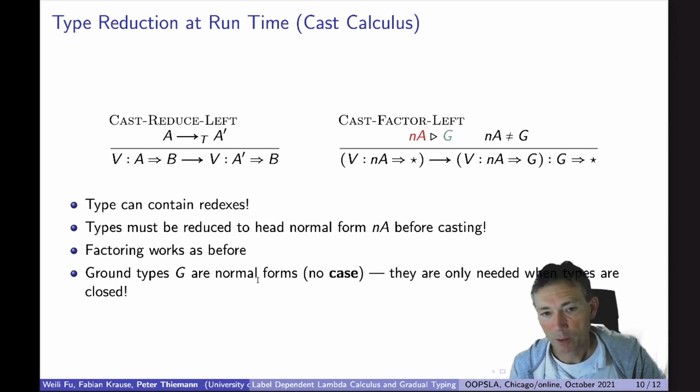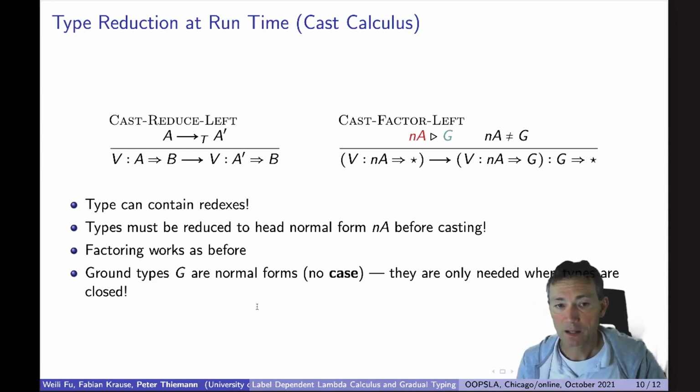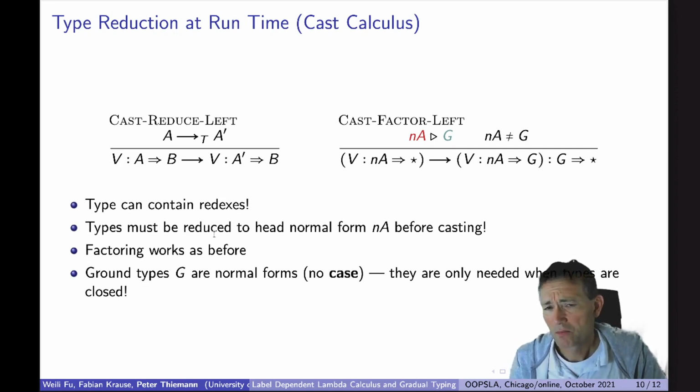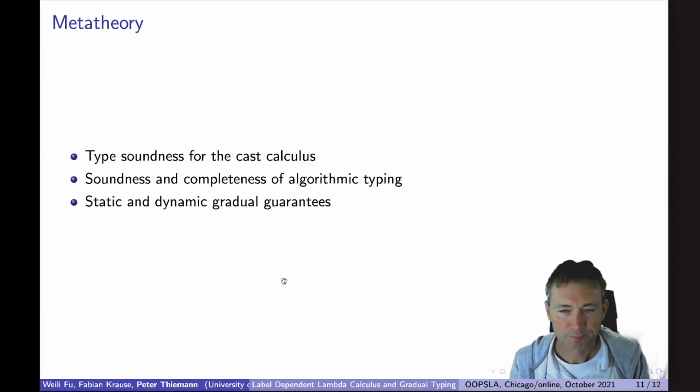Ground types are again normal forms, so ground types need not contain cases because they are only needed when the types are closed. When reduction gets there to this rule here, well, at that point types are closed, right? Because they're only reducing closed terms. Hence, no case in ground types needed.